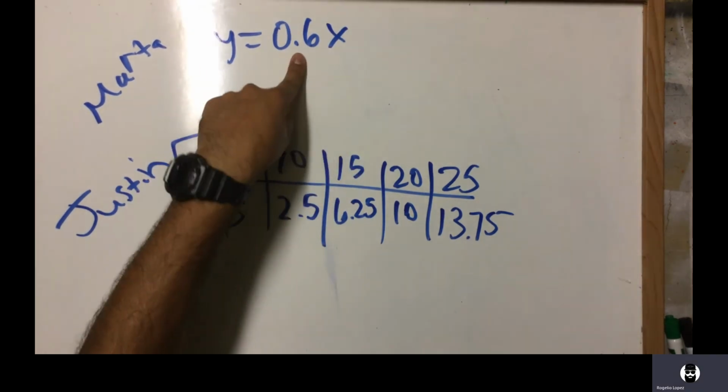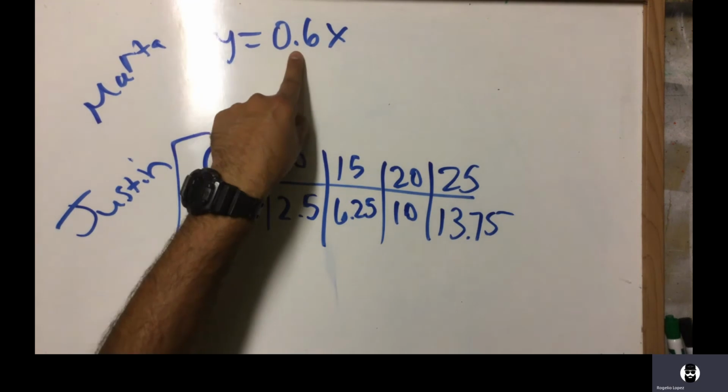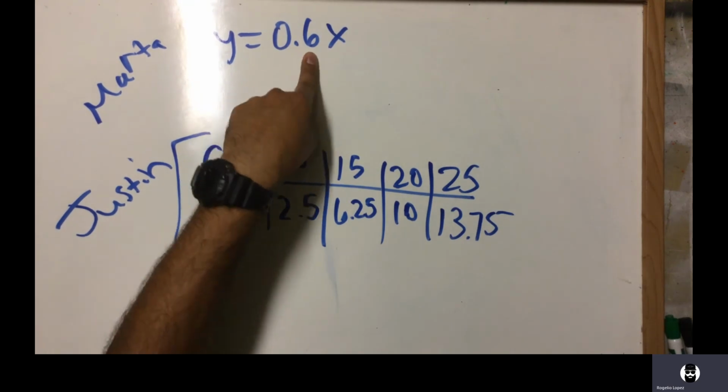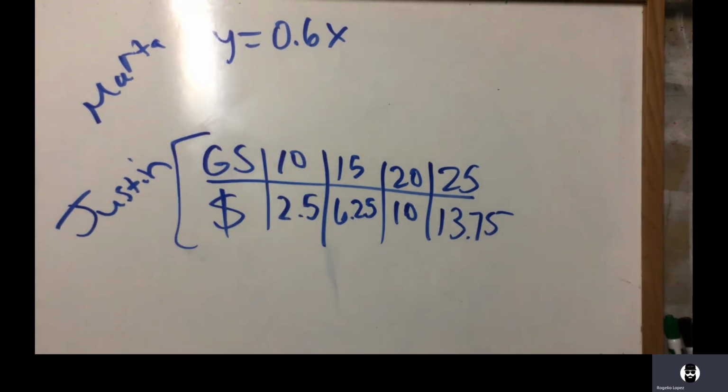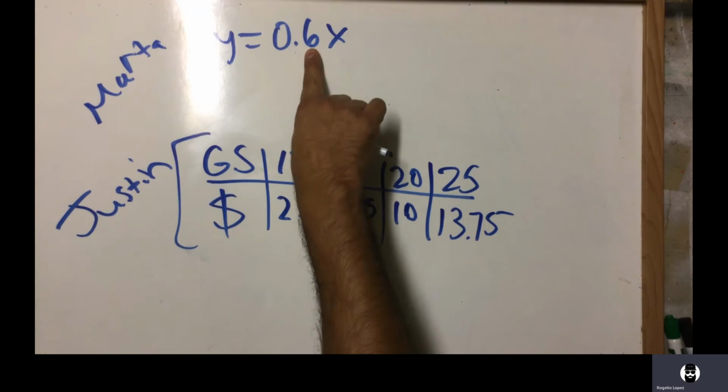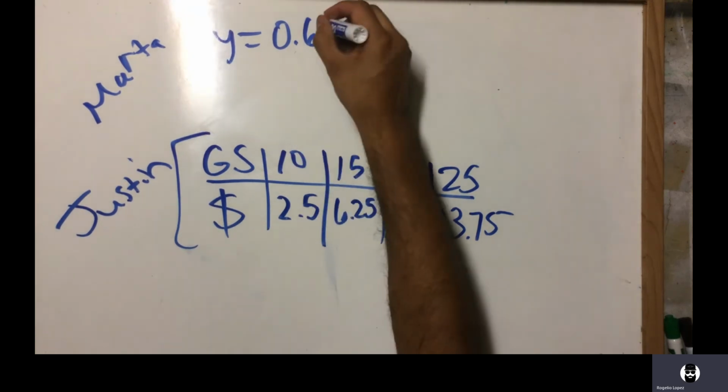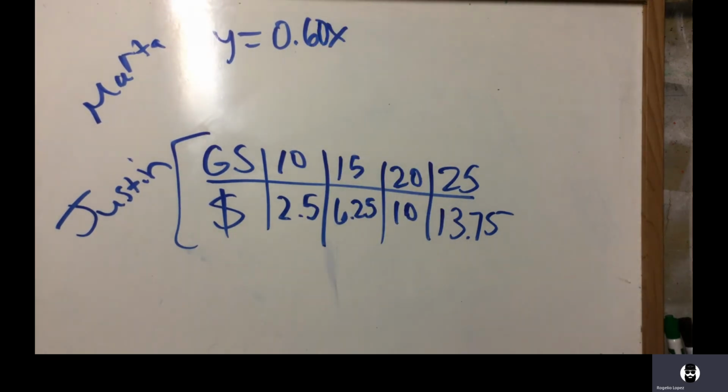So this has to be how much she sells each one for. 0.6, again, it seems a little misleading, but it's 60 cents. Make sure you understand that in the decimal, this is the tenths place and this is the hundredths place. So if you want to add a zero there to make it more understandable, do it.